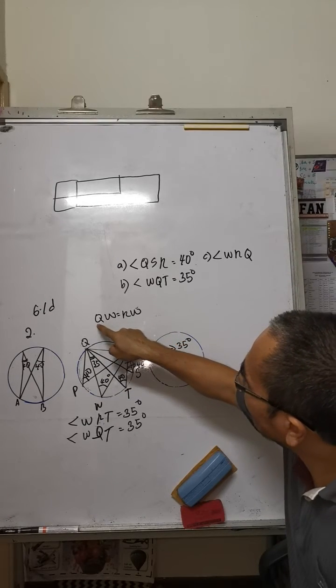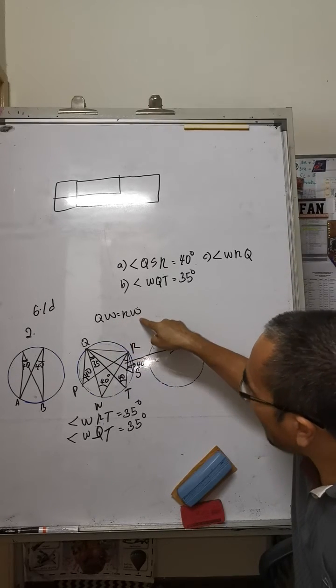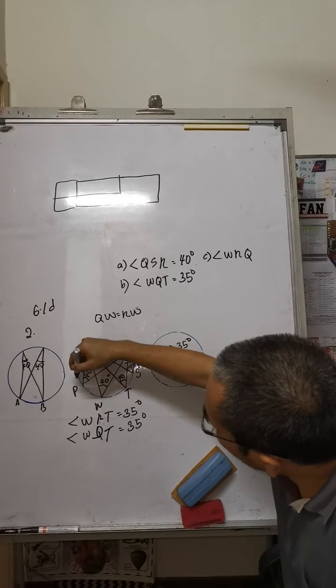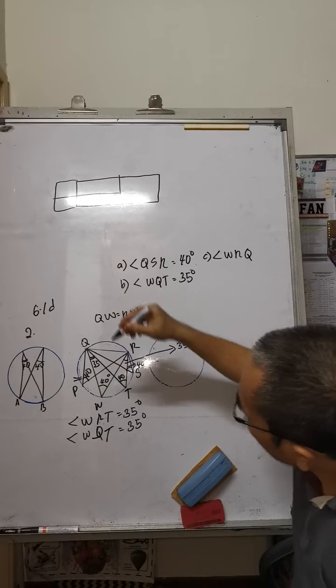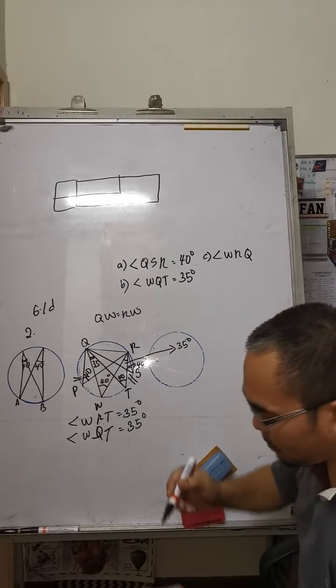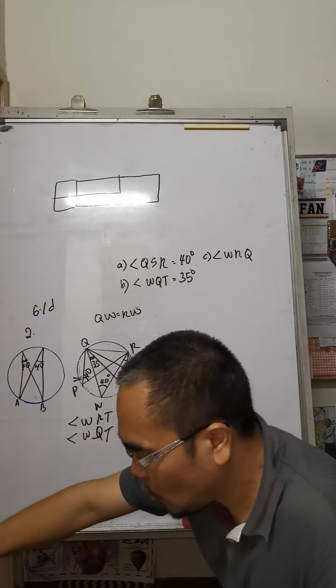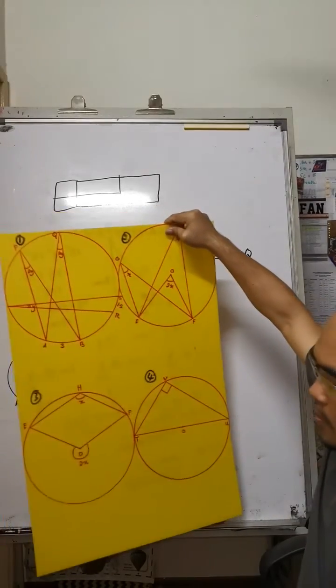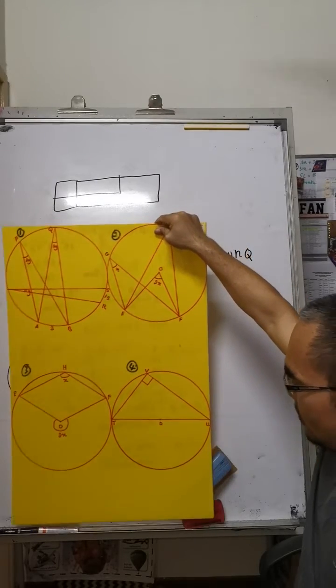The info is QW equals RW. The length of QW is the same length as RW. So let me show you another of this board.